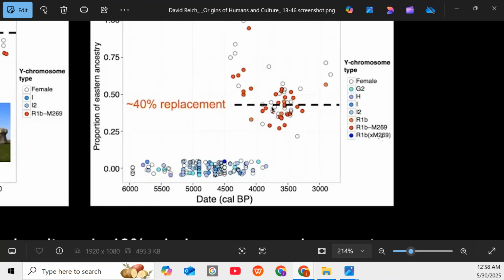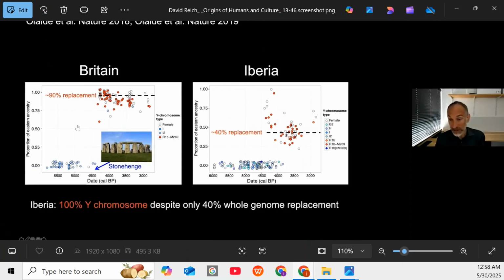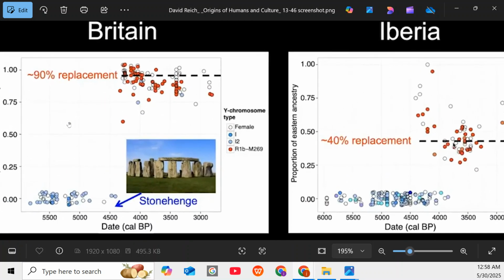It was R1b without this mutation, and it's replaced. This is not the case in Britain. There was no R1b in this research.